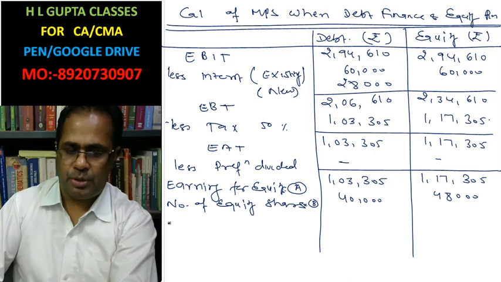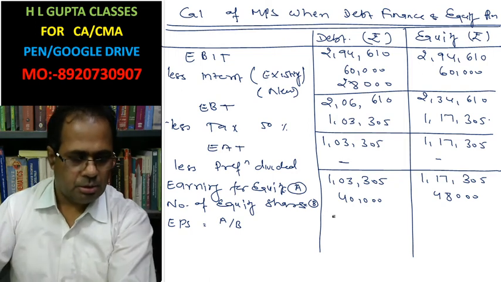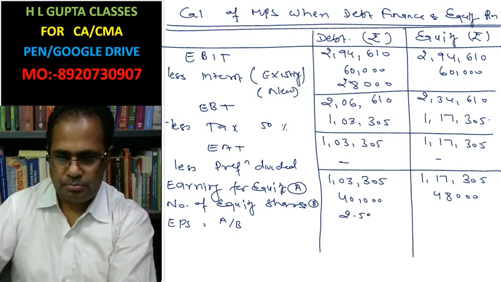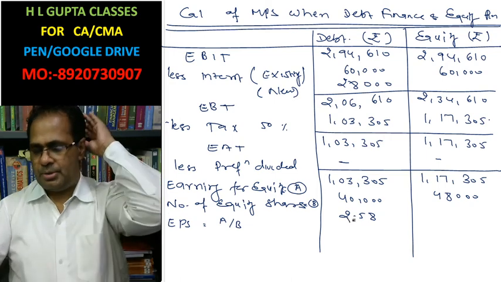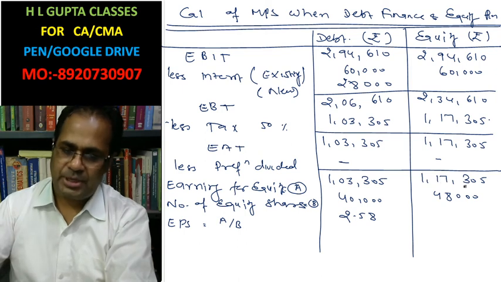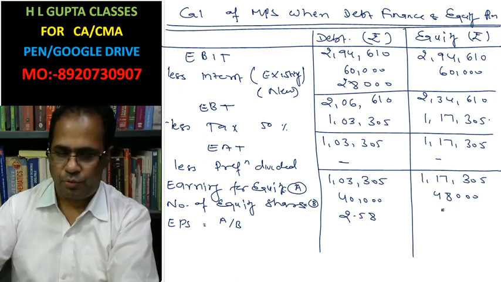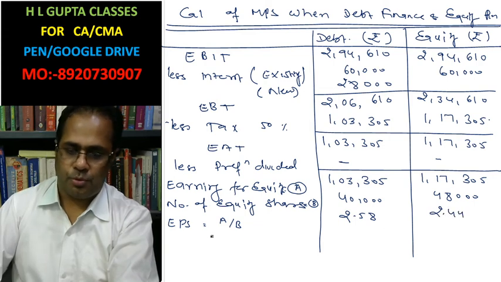Okay. Now EPS is calculated as A divided by B: 1,03,305 divided by 40,000 is 2.58, and 1,17,305 divided by 48,000 is 2.44.